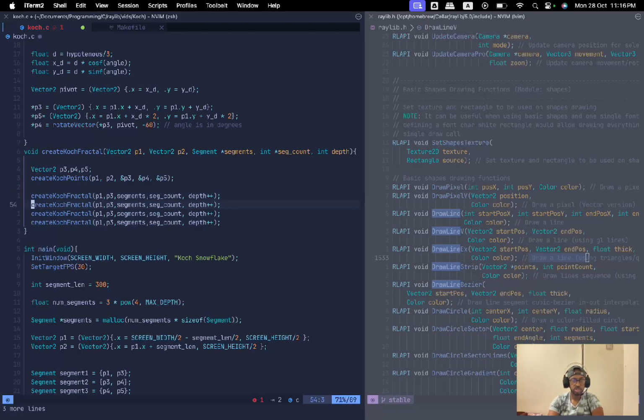So I need to do this 4 times. For segment P1 to P3, then for segment from P3 to P4, for segment P4 to P5, and for segment P2 to P5.